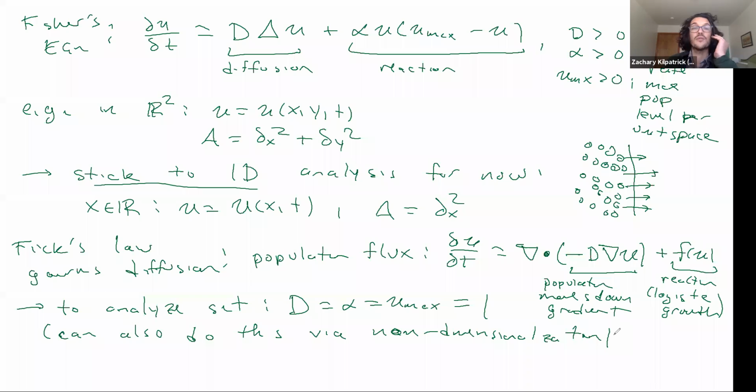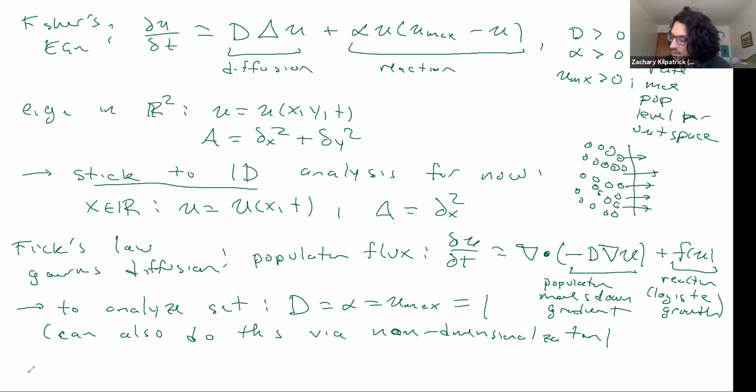So for instance, if I rescale time and space in units that correspond to my parameters, I can often absorb these parameters into new variables, okay? But just for simplicity here, we'll just set them equal to 1, okay?